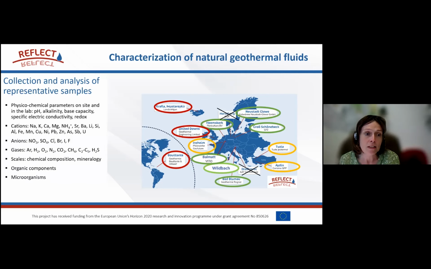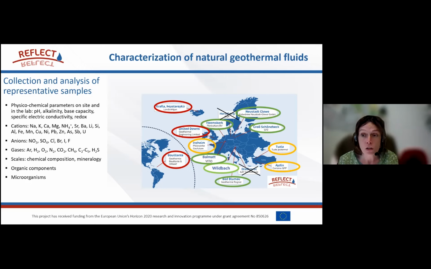We collected samples and determined chemical parameters, the most important cations and anions, and gases, and investigated the scales, like their chemical composition and mineralogy. And we looked for organic components, classified them, and looked for the microorganisms at these sites.